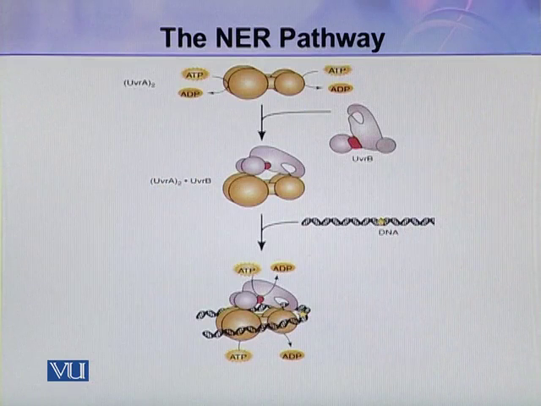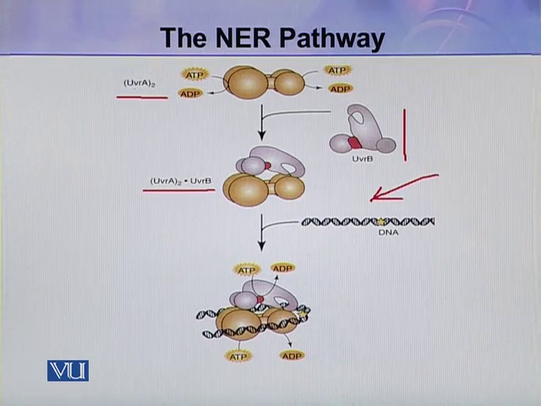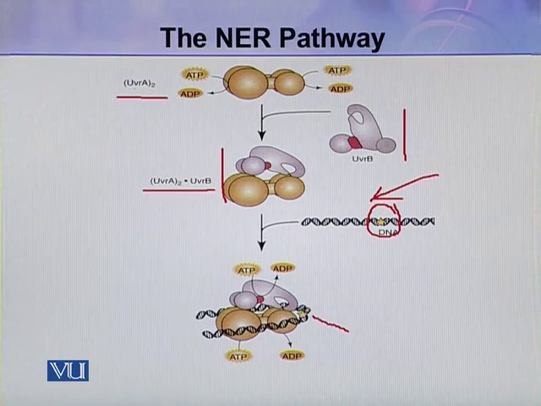Here in this figure you can see these are the two molecules of UVRA2 and this is one molecule of UVRB, and first this complex UVRA2 UVRB is formed, and then this DNA containing this damaged portion. Then this complex binds with DNA. Look, this is the damaged site, but the complex has bound somewhere else, away from the damaged site.